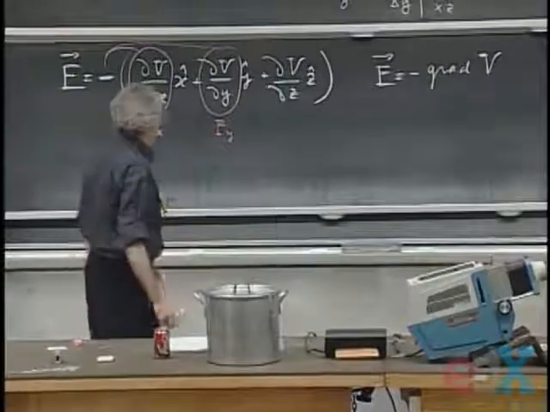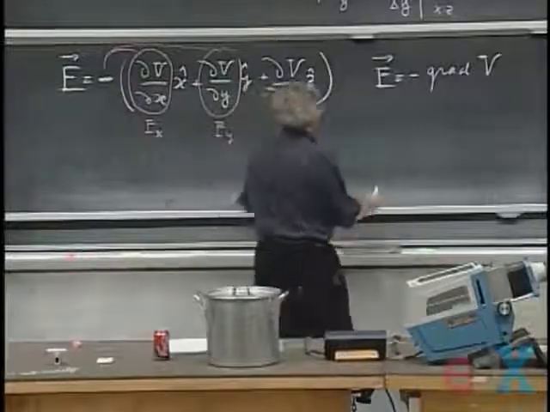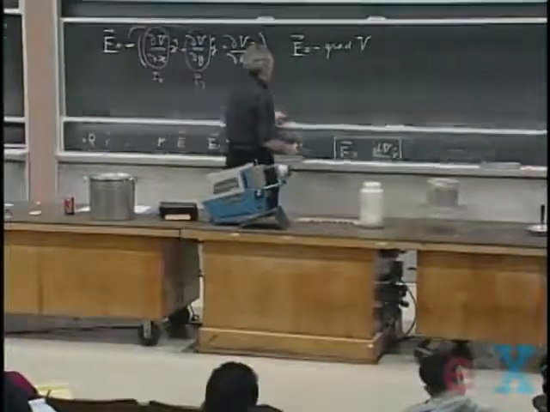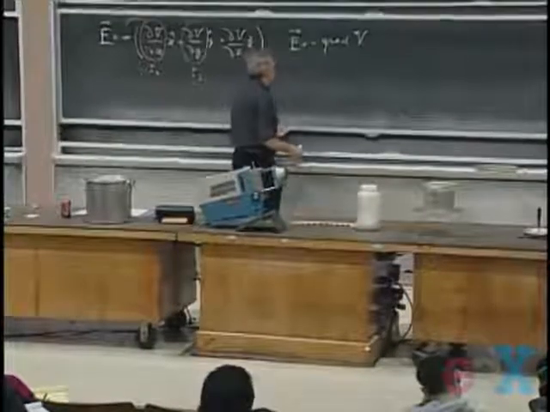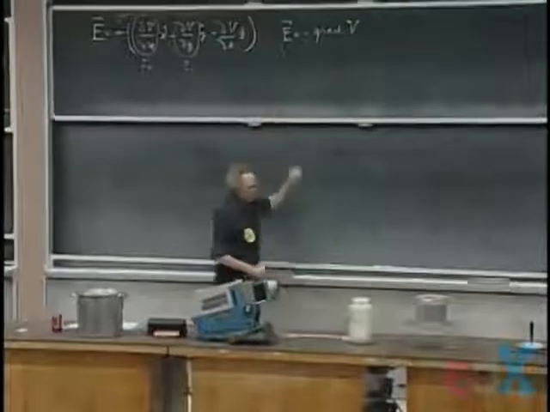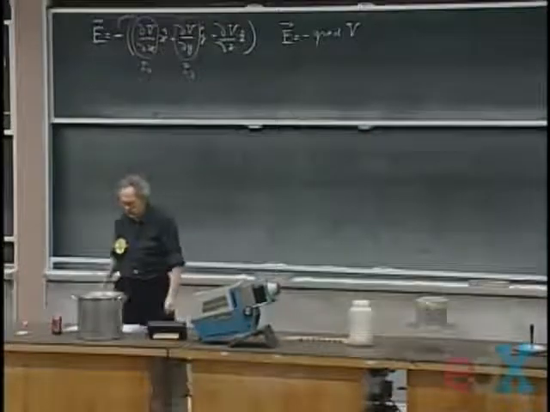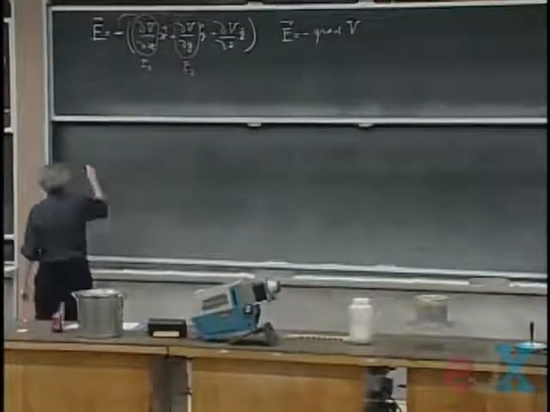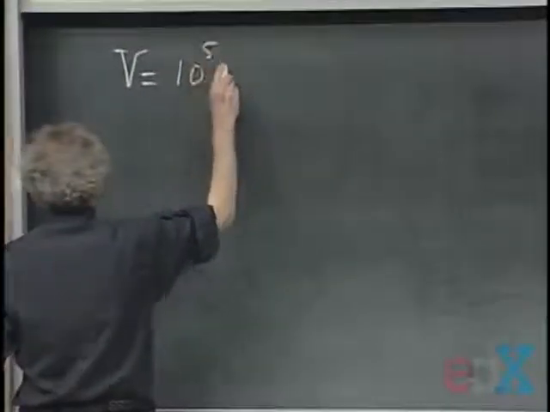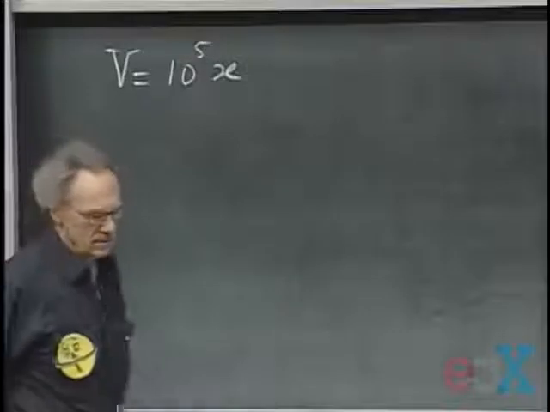So I now want a straightforward example whereby we assume a certain dependence on x, and I give you, it's a given, that V, the potential, is 10 to the fifth times x.